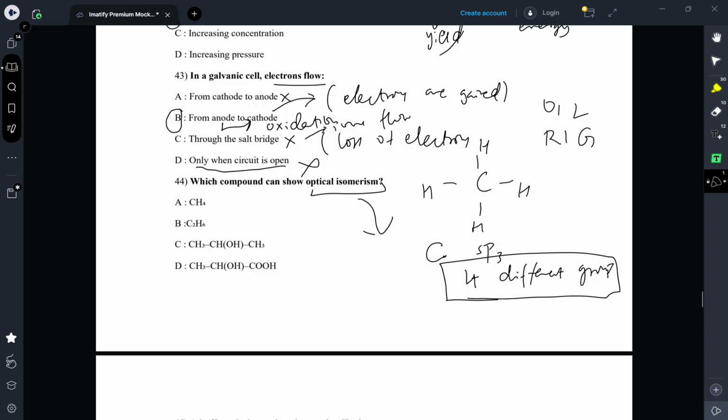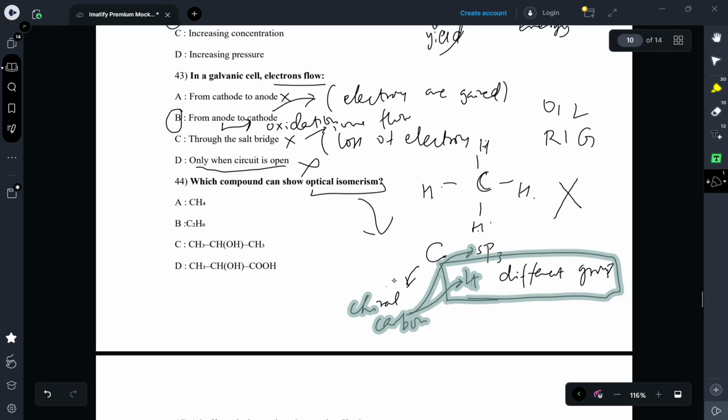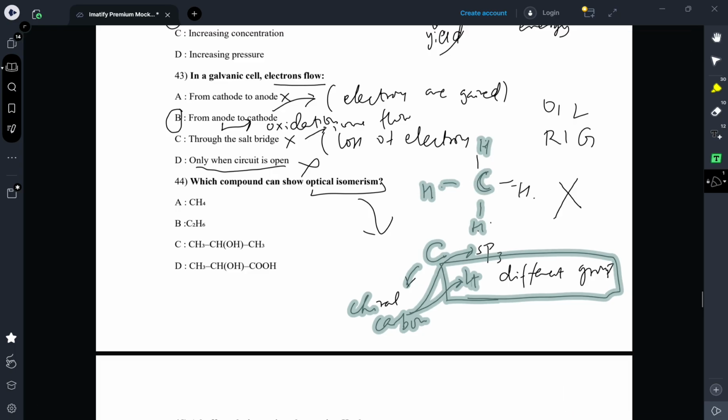This carbon has four groups which are the same: hydrogen, hydrogen, hydrogen, hydrogen. So this cannot show optical isomerism, because to show optical isomerism we should have a chiral carbon. A chiral carbon should be sp3 hybridized, and it should have four different groups. So it cannot be.